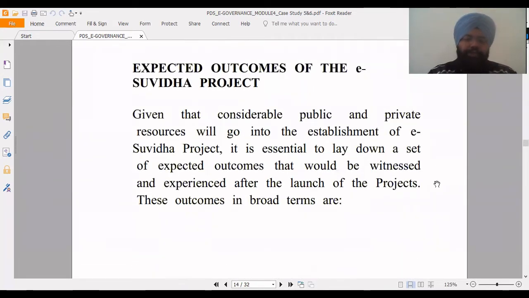After the objectives, the next is the expected outcome of the e-Suvidha project. A question will arise among most of the citizens; in fact, we say to all citizens, what are the outcomes of the e-Suvidha project?